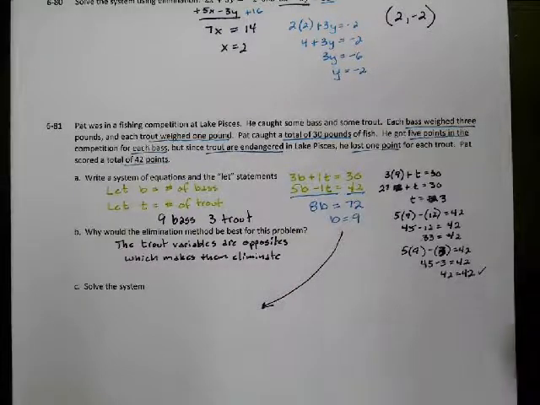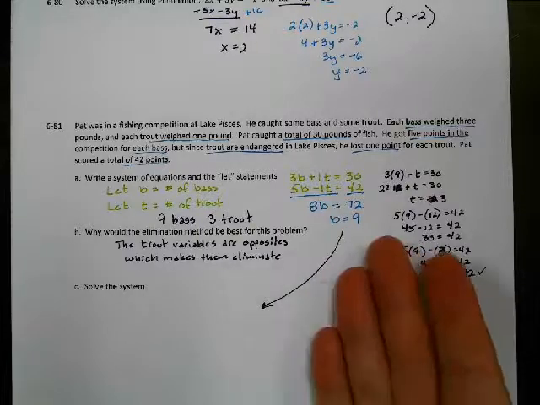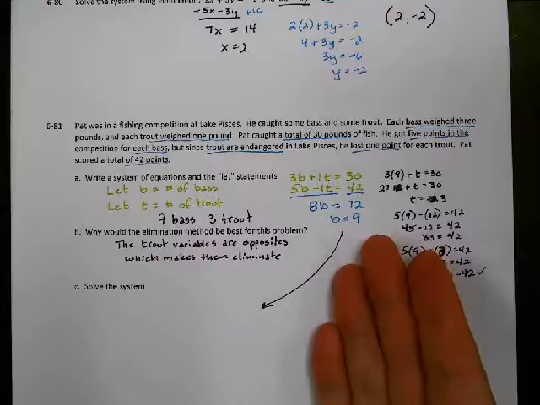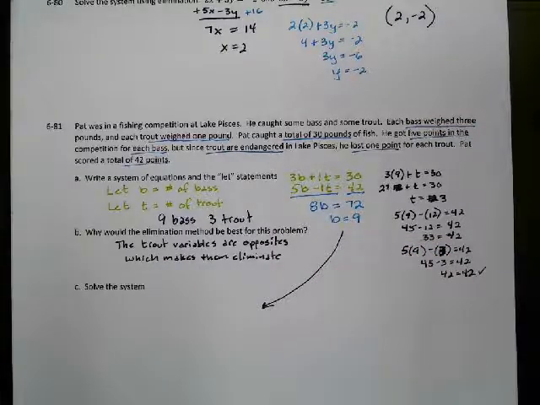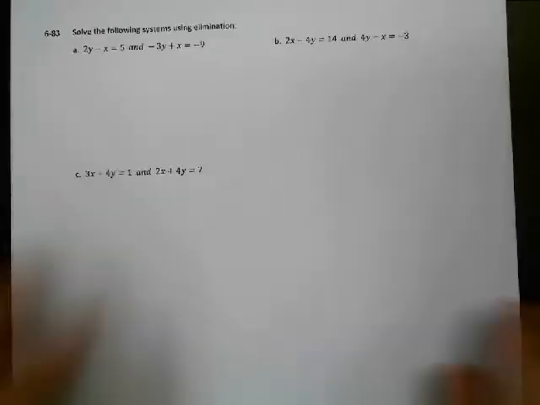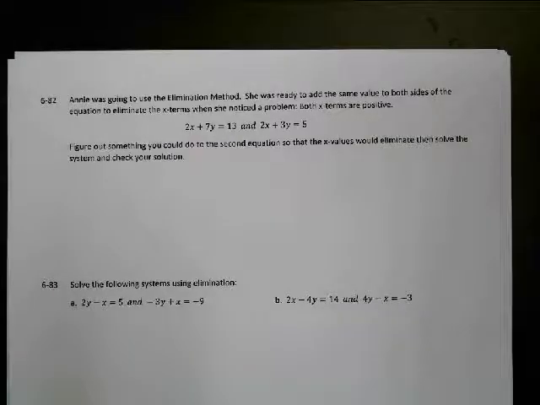Yes. I could have done substitution on this one if I wanted to. I could have done equal values method if I wanted to. It just so happened on this problem, elimination was probably the best method to use. We'll have a section later on where we just look at the problem and go, okay, should we do equal values? Should we do substitution? Should we do elimination? Which one is best?